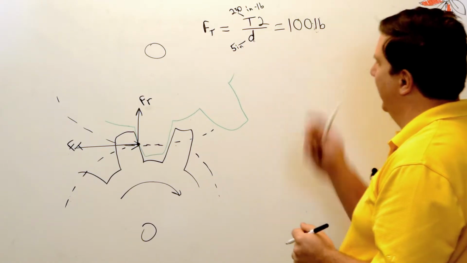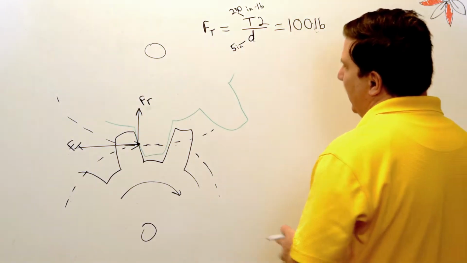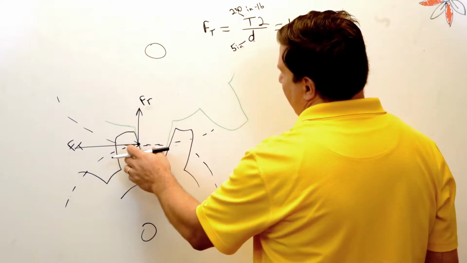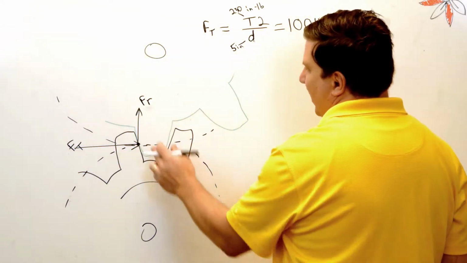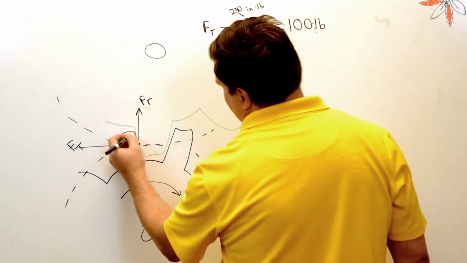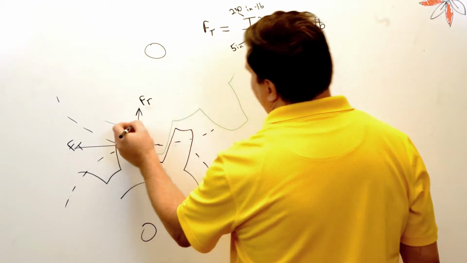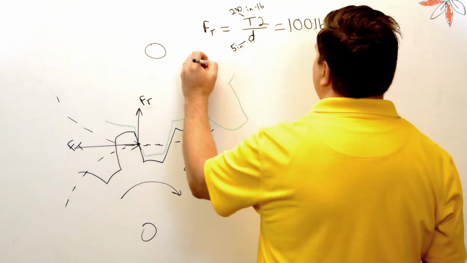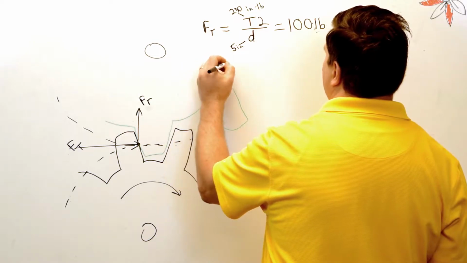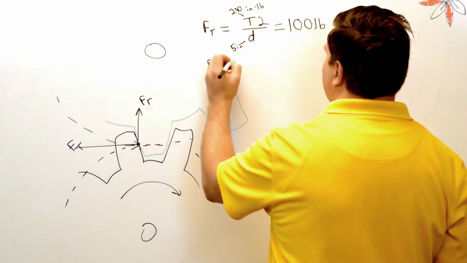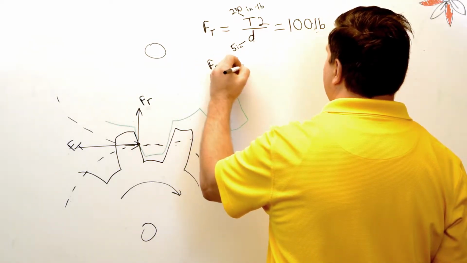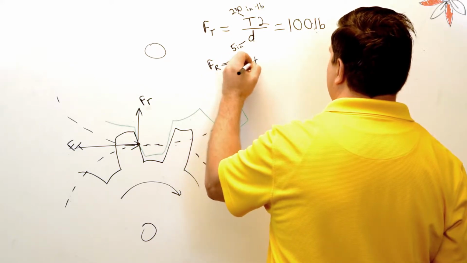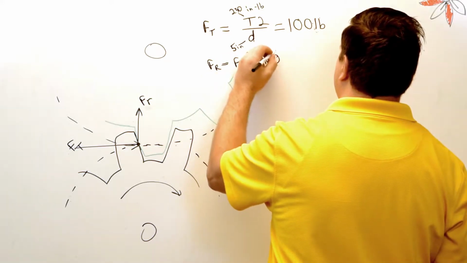All right, the second thing we'll do is we get the radial force based on the tangent, because we have a line here. We know that is 14.5 degrees. Our radial force is equal to Ft times the tangent of theta.